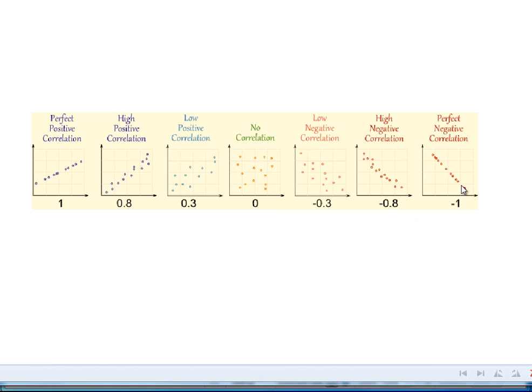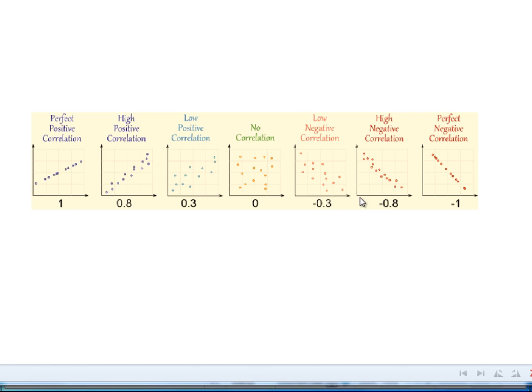So when we have a perfect negative correlation, the value is -1. We see here, if we were to draw a line here, all the points would be on the line. Here we have a value close to -1, so it's -0.8, because we still see a line here. The slope is negative, that's why we have a negative value.